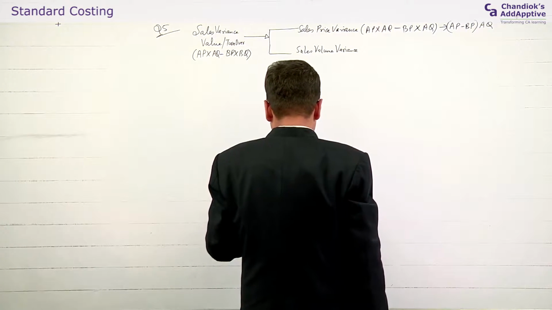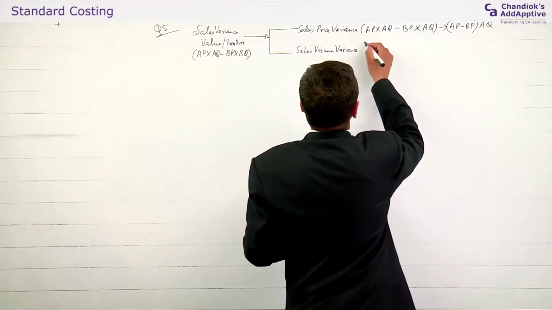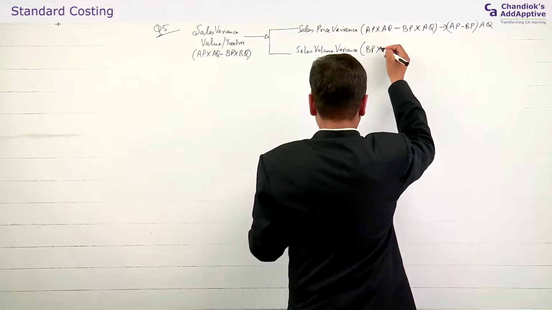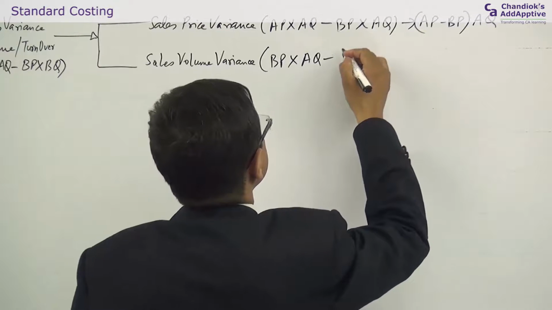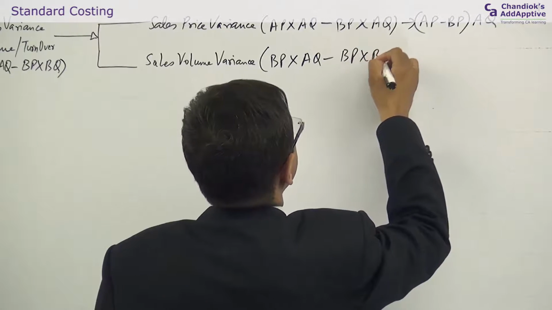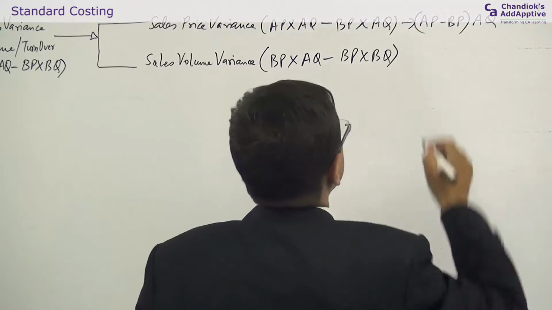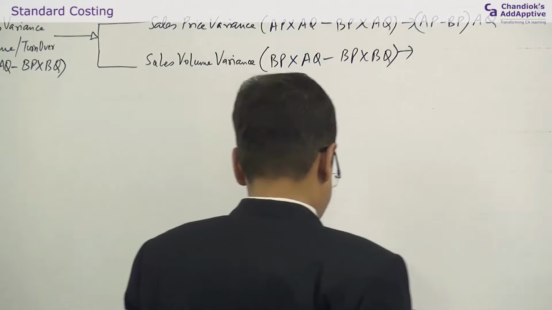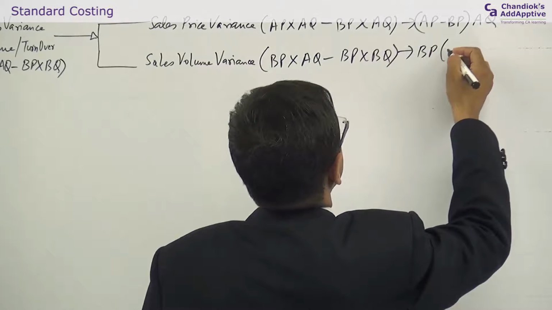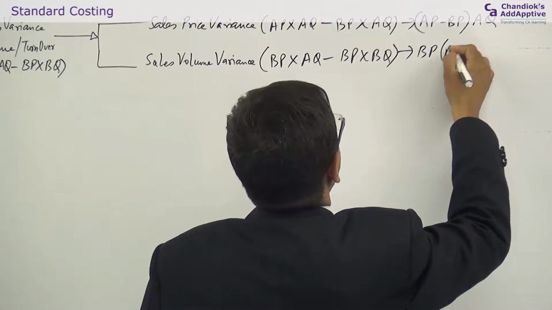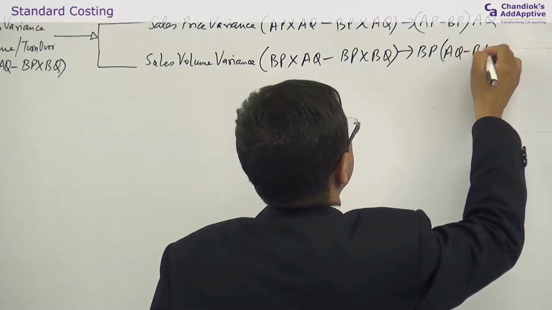Sales volume variance is budgeted price into actual quantity minus budgeted price into budgeted quantity. So, this formula can be shown with budgeted price into actual quantity minus budgeted quantity.